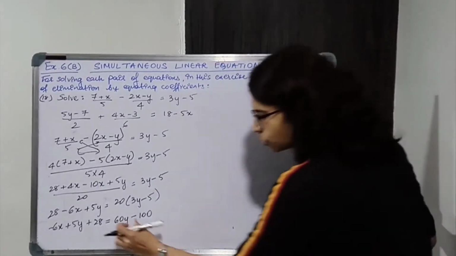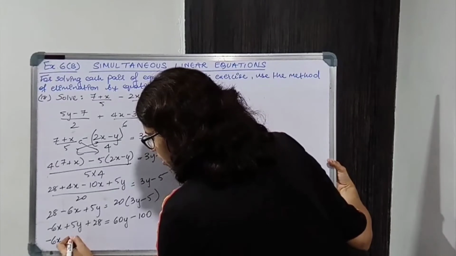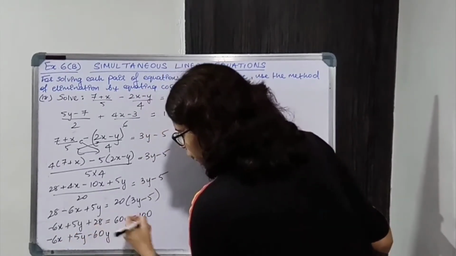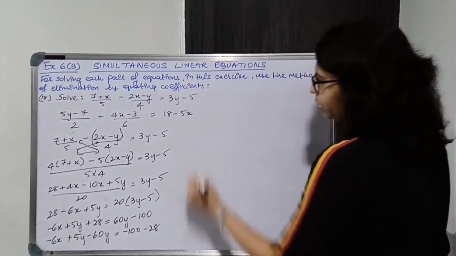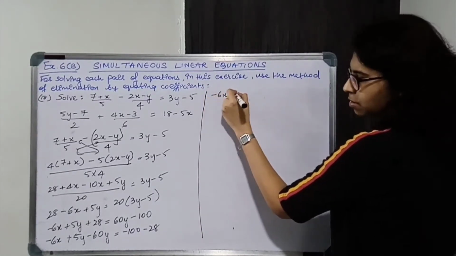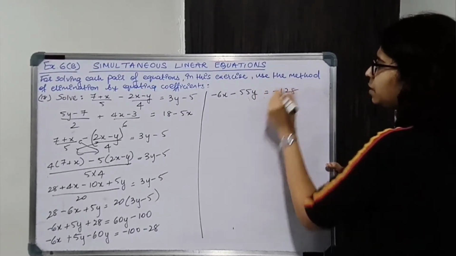Okay, shifting y over here, minus 6x plus 5y minus 60y, shifting 28 over here, minus 100 minus 28, so we'll get minus 6x minus 55y is equal to minus 128.